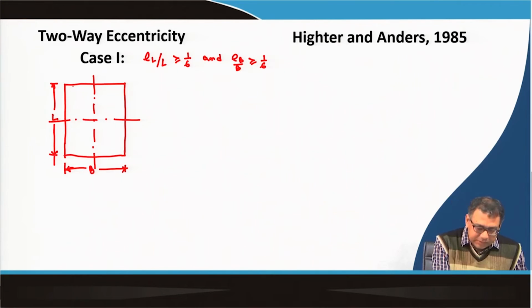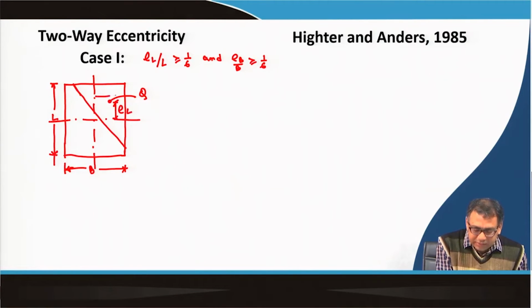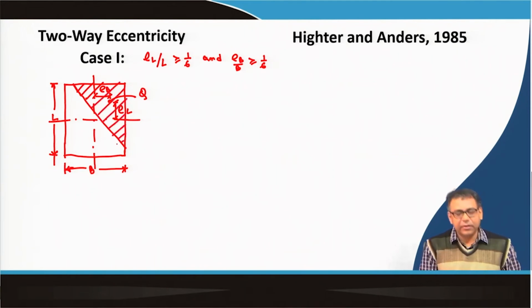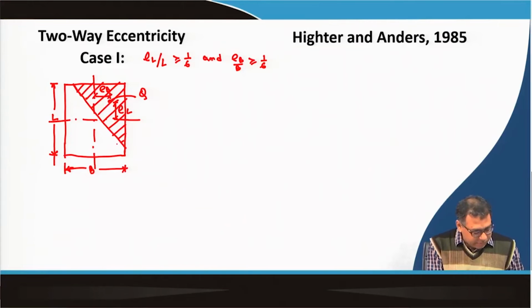Then the effective area will be like this, because now my load Q will act here, and this one is e_L and this one is e_B, and both are greater than or equal to 1 by 6. So, now the effective area will be this one.